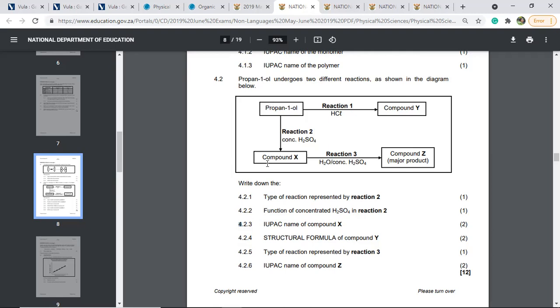One of the products is going to be water here, in compound X. So this type of reaction is known as a dehydration reaction.